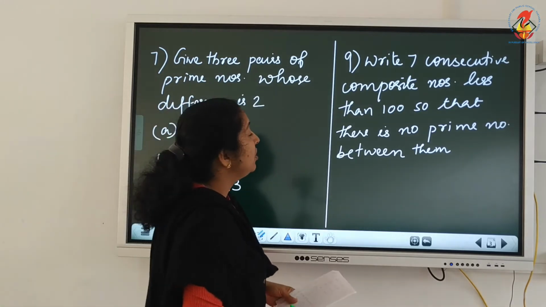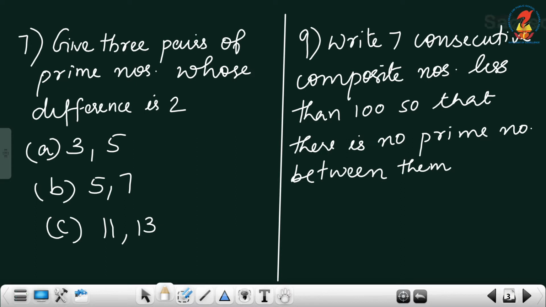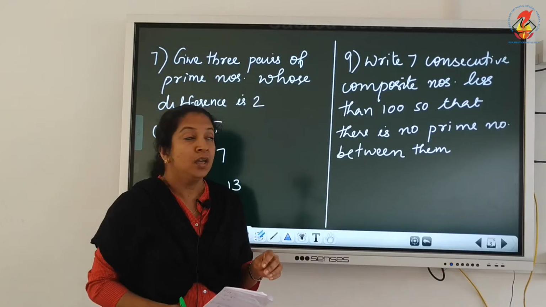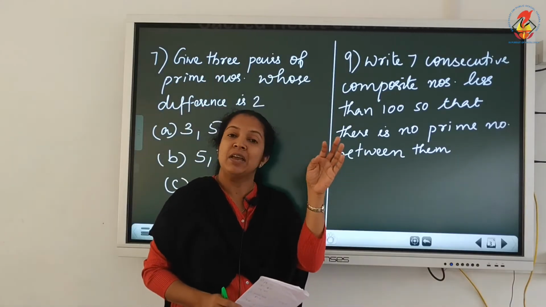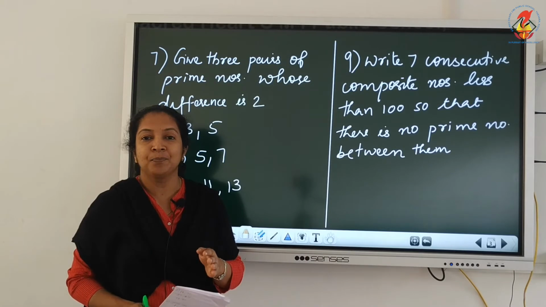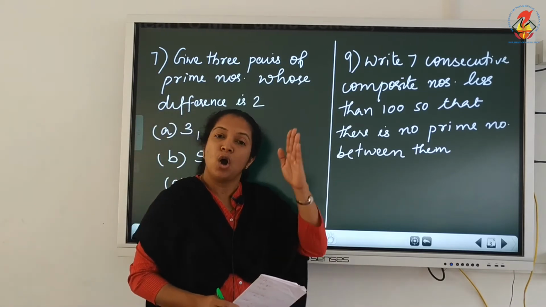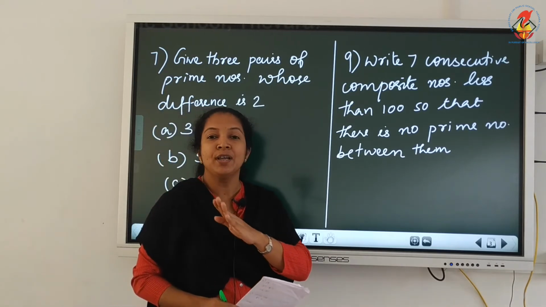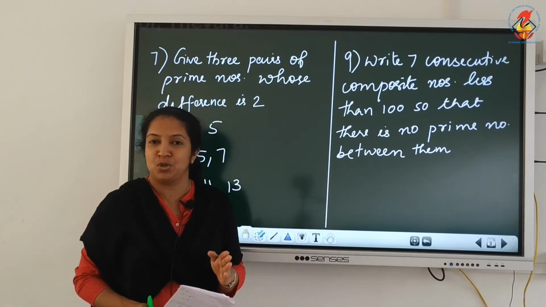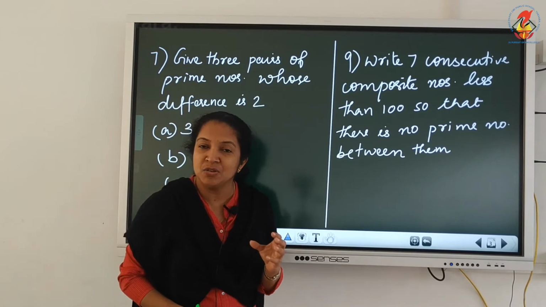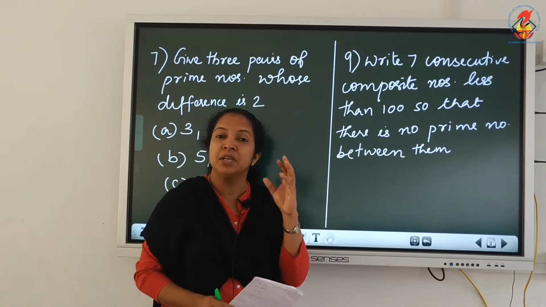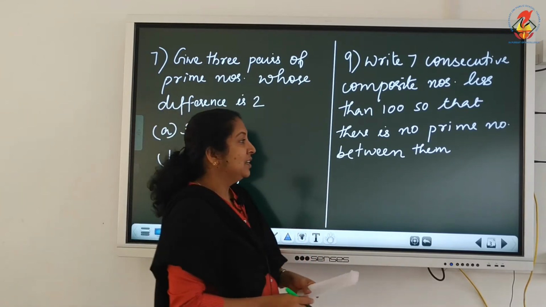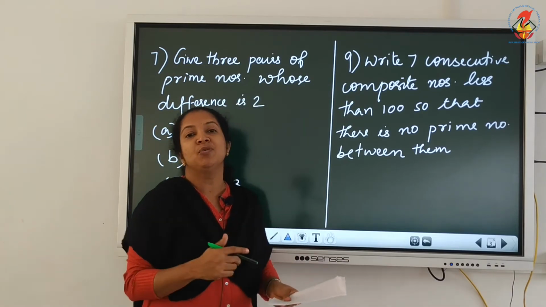Then write 7 consecutive composite numbers less than 100 so that there is no prime number between them. You have to write 7 consecutive numbers in which all should be composite numbers, without any prime number in between. You can easily find this from the Sieve of Eratosthenes.